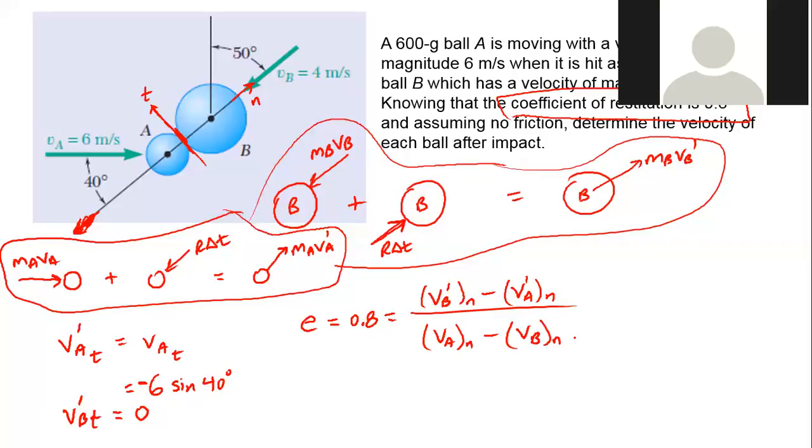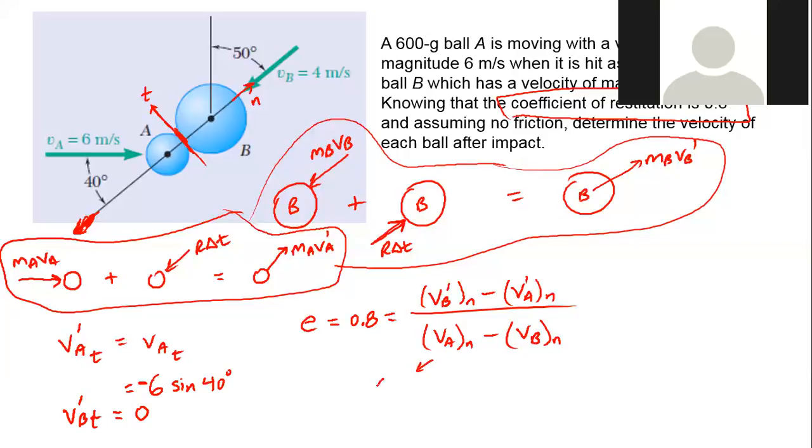So is that part okay? Quick question on what you just said: when we do coefficient of restitution, are those velocities always assumed in the n direction? Yes. So if I look here, VAN, what is that going to end up being?